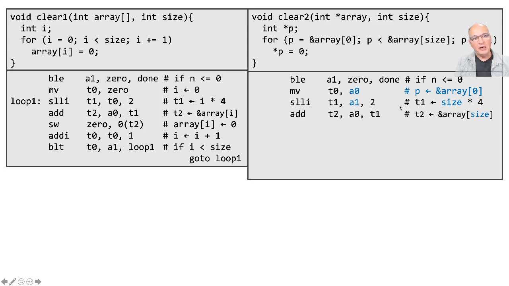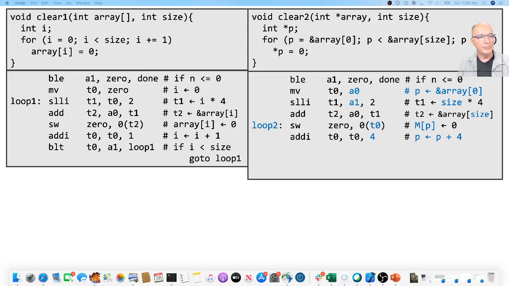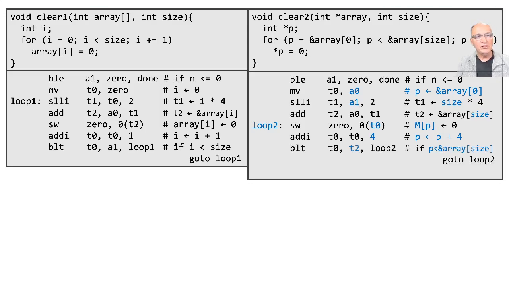And then I'll multiply the value of size by 4 because I'm doing the address computation for the position of array size. That's the position after the last position of the array. And I'm going to go into a loop. In my loop, I will simply store the value 0 in the position of the array given by the pointer and increment the pointer by 4. And now that I have done that, I'll test to see if I should remain in the loop. And I'll go back to the loop if I'm not done.